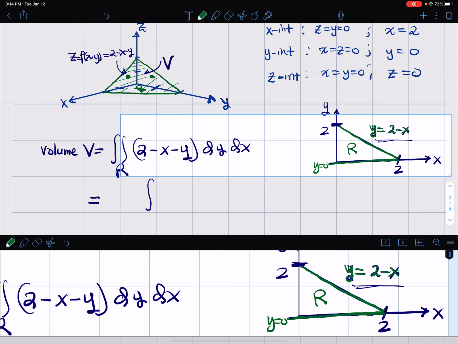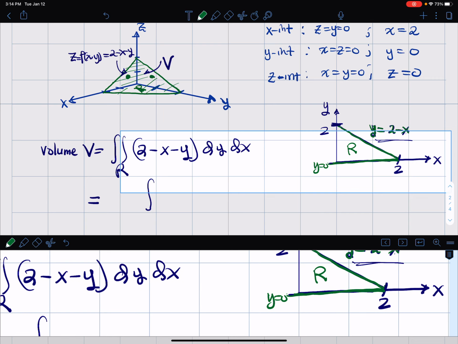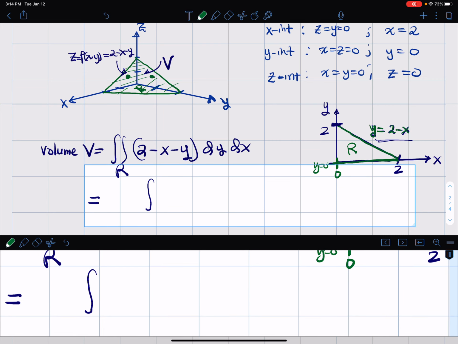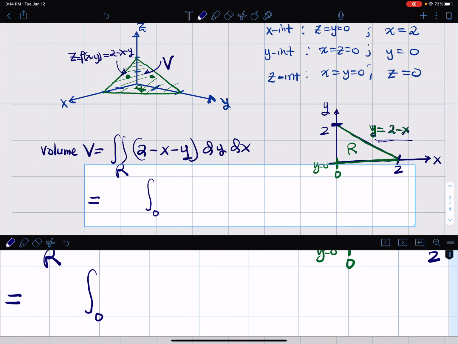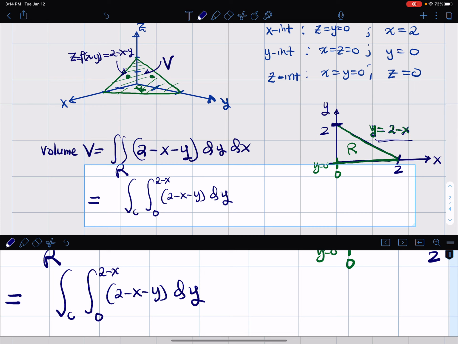This line to that line. And then we're going x from x equals 0 to x equals 2. So let's start y equals 0 to 2 minus x. So you have 2 minus x minus y dy. And then we're going x from 0 to 2 dx.